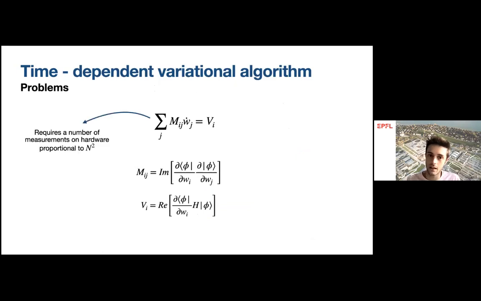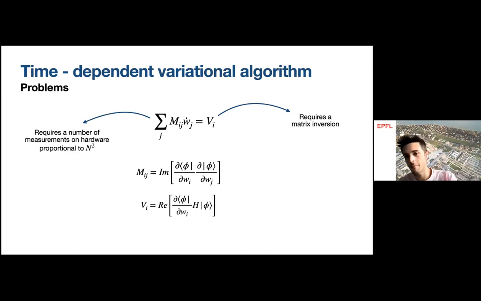In particular, the fact that we have to measure all these elements is a problem, because we have a matrix that depends upon the parameters. So we have to measure a number of circuits that is proportional to n squared. And then to solve this linear system, we have to invert the matrix, in the simplest form.